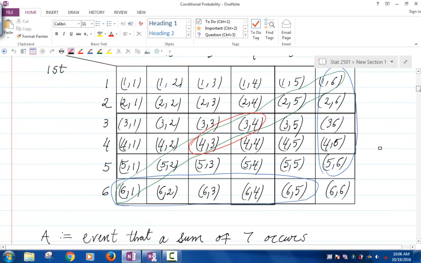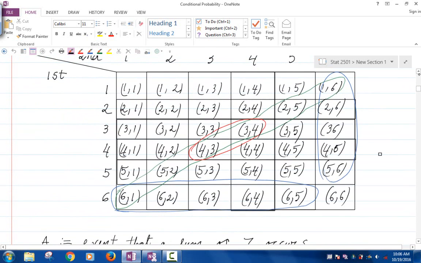In my table, notice that I bounded some of the outcomes within a green curve, some of the outcomes within a red curve, and some of the outcomes within blue curves, right?